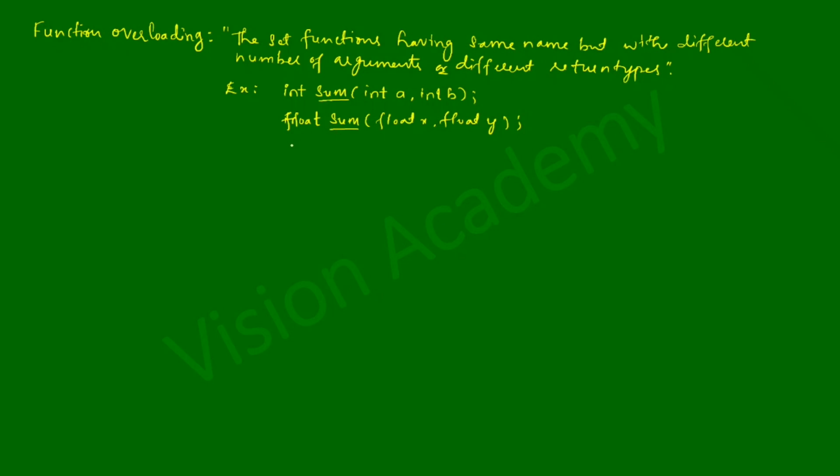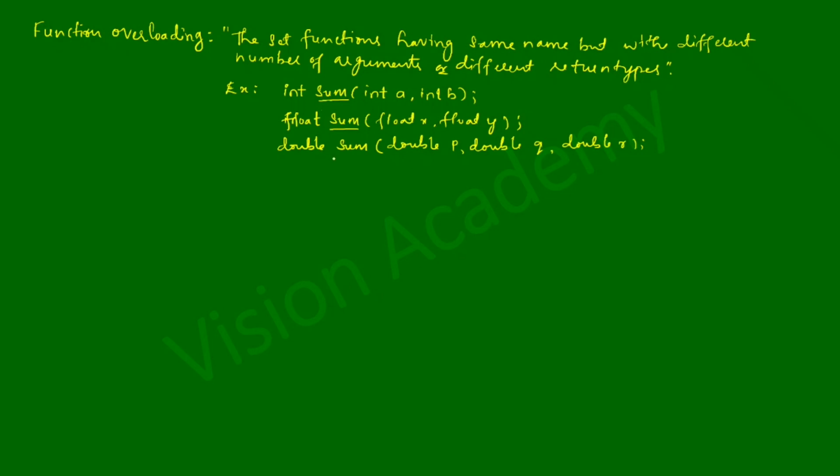We can write even double and sum, and after that I can have any number of arguments. For example, I'll write double and the function name should be same, and here I'm going to write double p comma double q comma double r and semicolon.